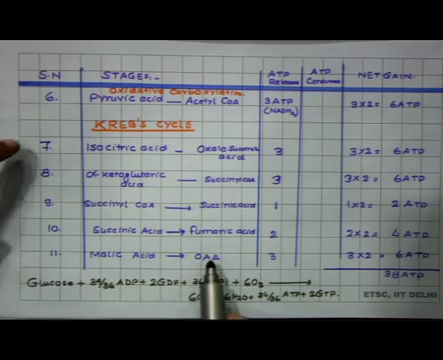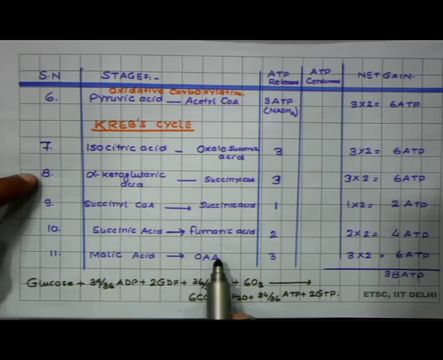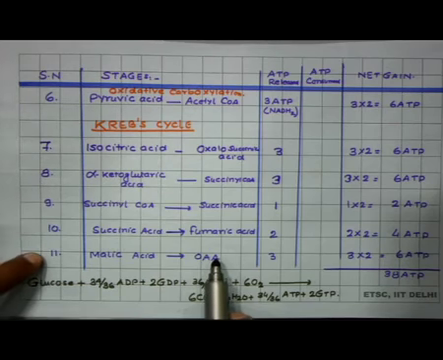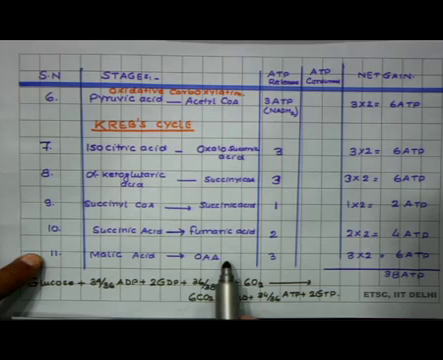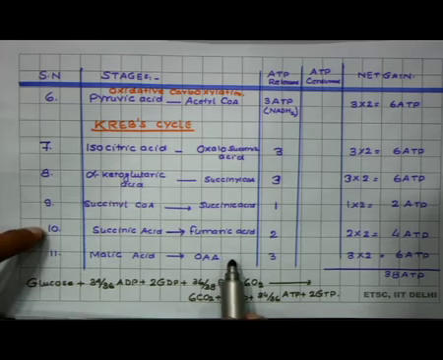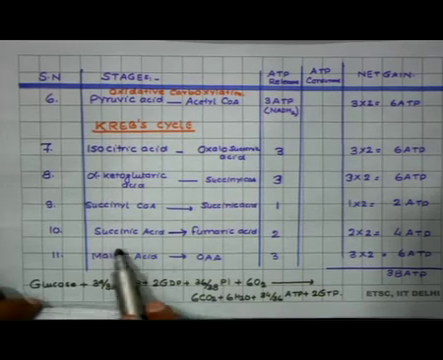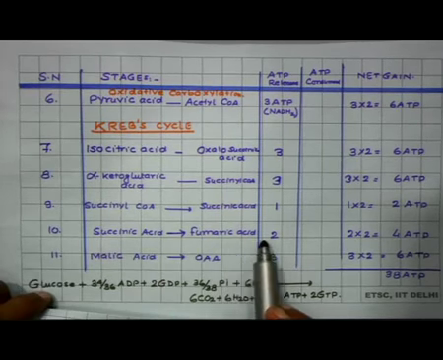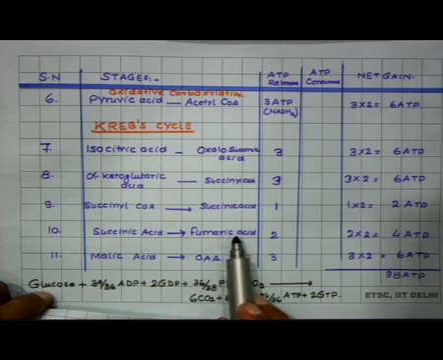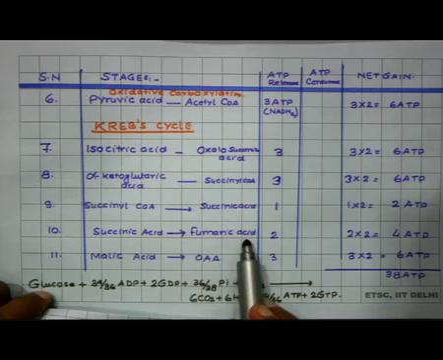In these three steps, the 7th, 8th and 11th, hydrogen is released and accepted by NAD plus and converted into NADH2. In the 10th step, the conversion of succinic acid into fumaric acid, this hydrogen is accepted by FAD and converted into FADH2.